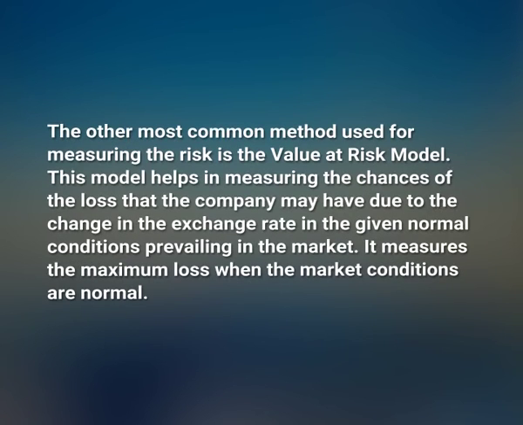The other most common method used for measuring the risk is the value at risk model. This model helps in measuring the chances of loss that the company may have due to the change in the exchange rate in the given normal conditions prevailing in the market. It measures the maximum loss when the market conditions are normal.